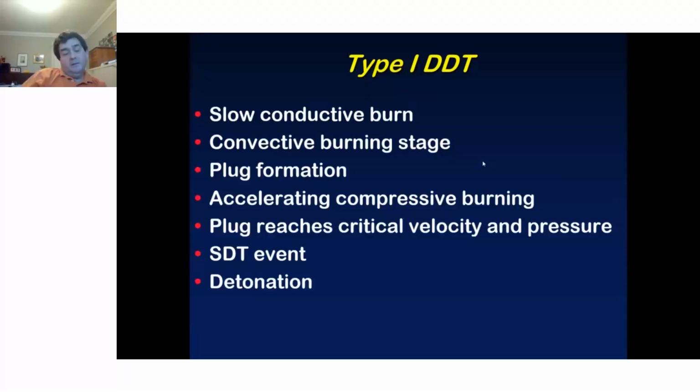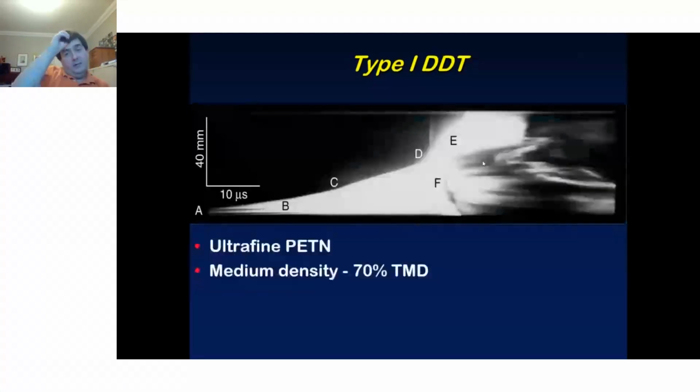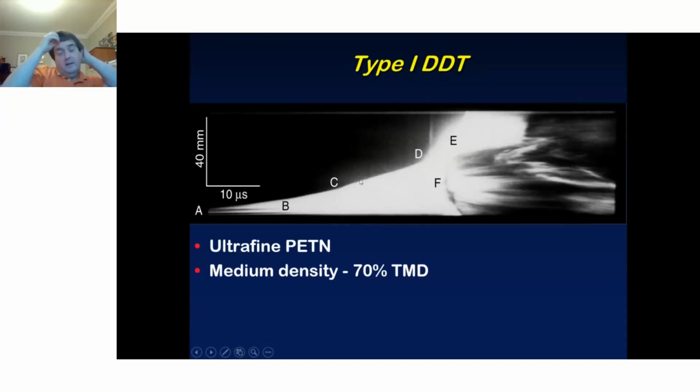When we studied them, we found some unusual phenomena, and we checked in the literature, and we found that in Russia they'd done some work on what they call type 1 DDT. This is what we see here, and this is the kind of output you see from type 1 DDT. This fine-grained PETN with a medium density, you get reaction starting, in this case at the bottom of the cylinder, building up in different steps in a generally standard response. Absolutely fine.